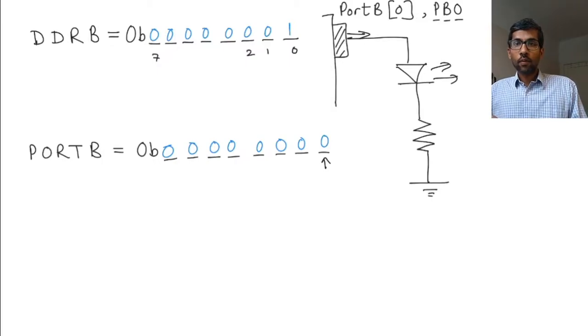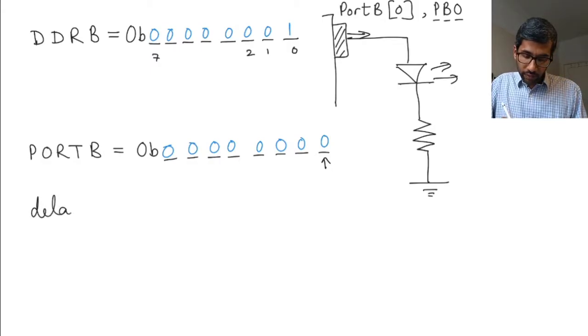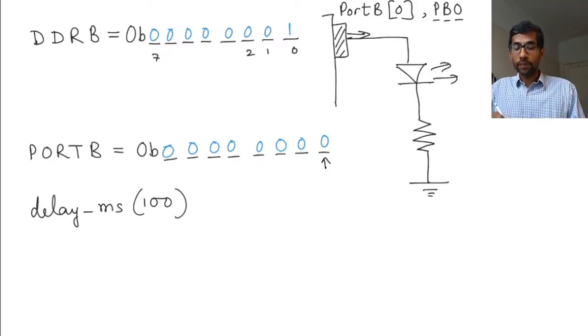Once we've done that, we can put a small delay in our program. So let's say delay ms, and let's give a delay of around 100 milliseconds. And then I want to output 1 at this pin PB0.